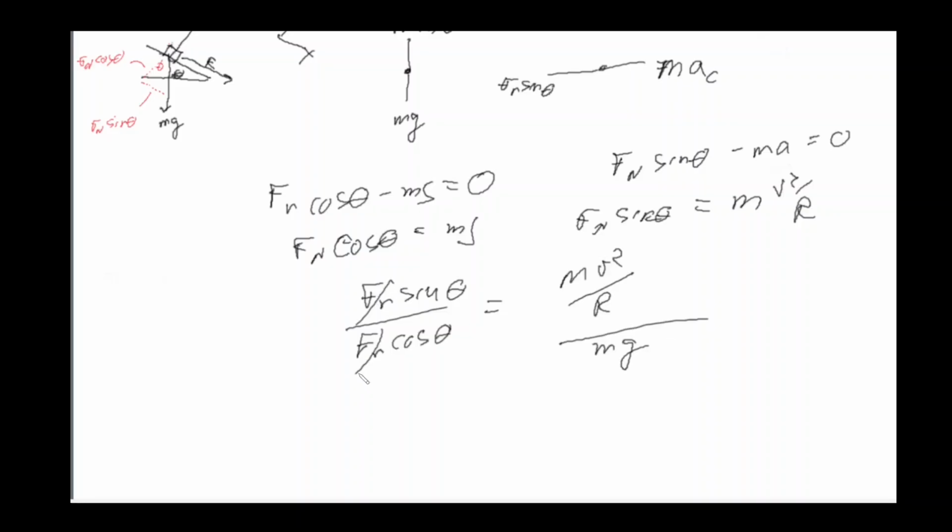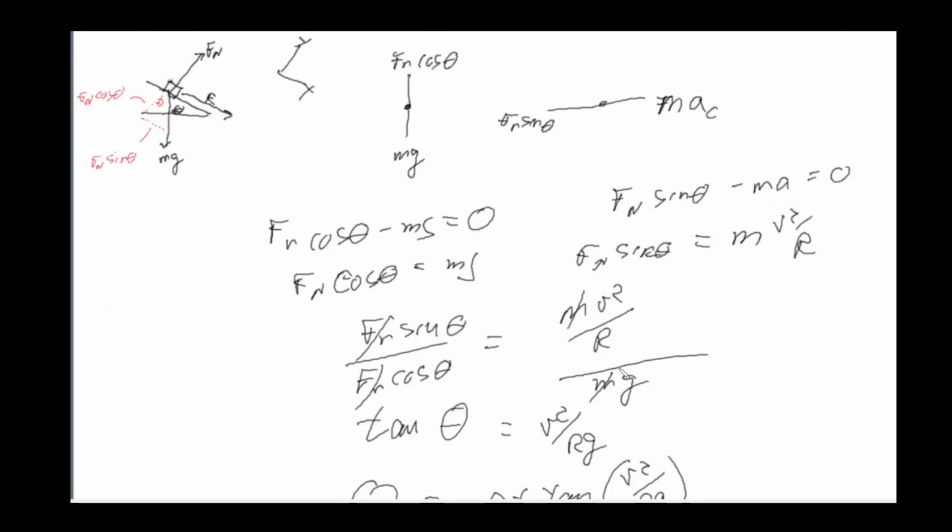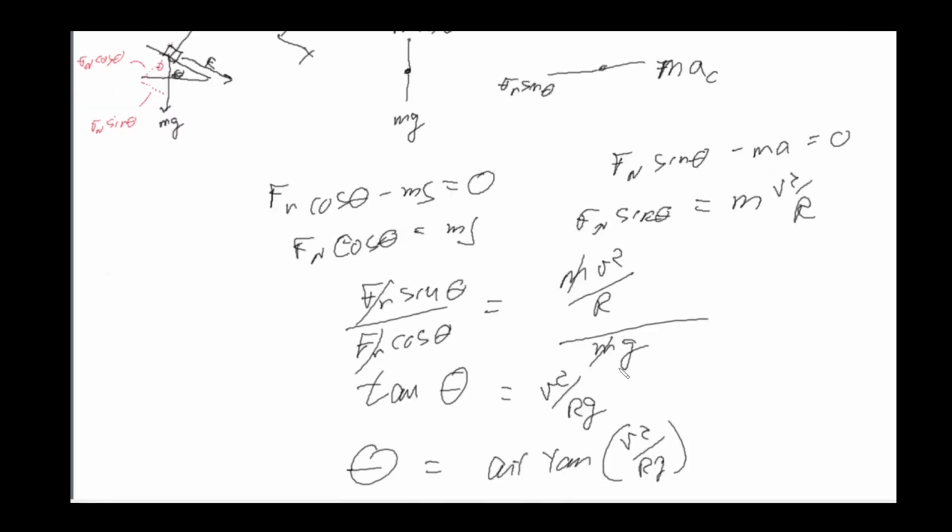The Fn's cancel out, the m's cancel out, and this becomes tan theta is equal to v squared over rg, or our angle is equal to the arctan of v squared over rg. That's the angle we need for the car to be able to go around the track.